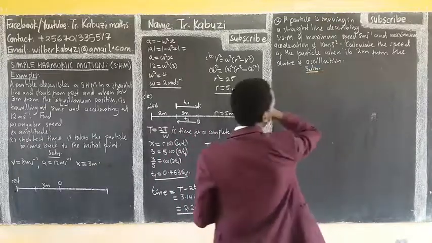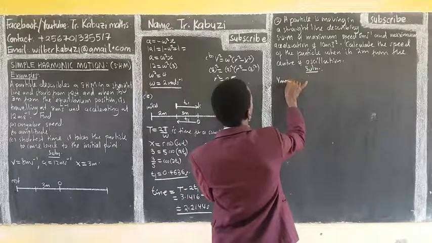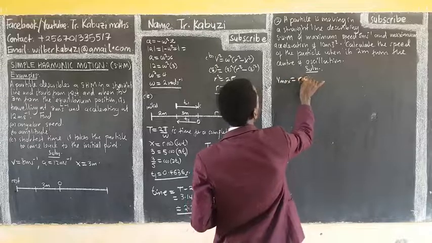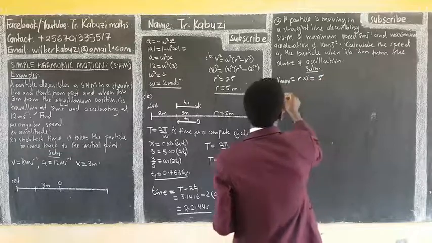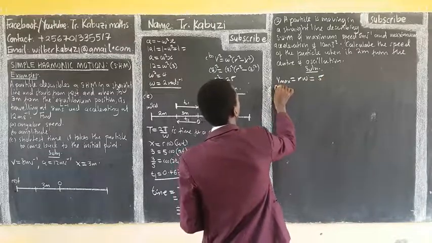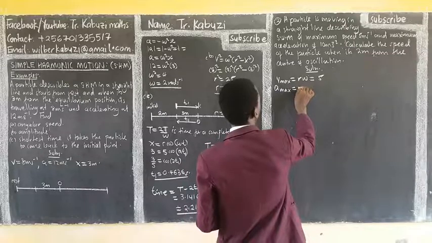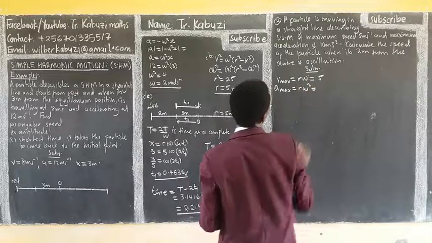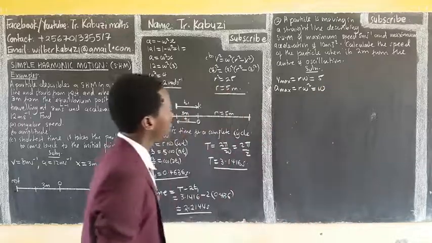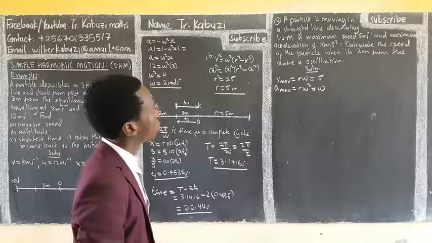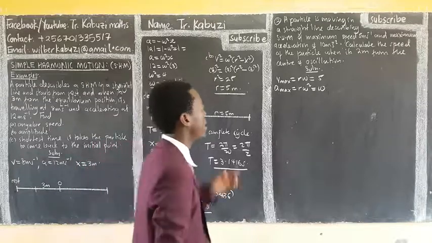I know that our solution for maximum speed is always given by Vmax equals R omega, and here they are giving us 5. Then they are giving us maximum acceleration, which is always given by R omega squared, which is 10. So they want us to calculate the speed of the particle when it's 2 meters from the center of oscillation. 2 meters.